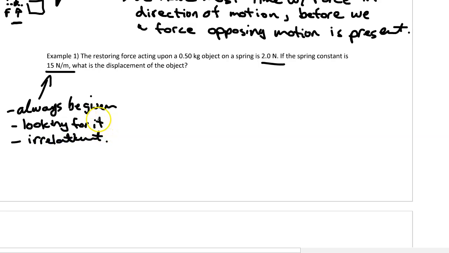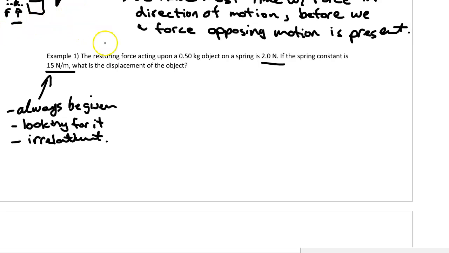Such as, we're not giving a spring constant for the acceleration of a ball on Venus because there's no spring. It's irrelevant, not part of the equation. How far it accelerates to the surface of Venus when dropped has no bearing on it.